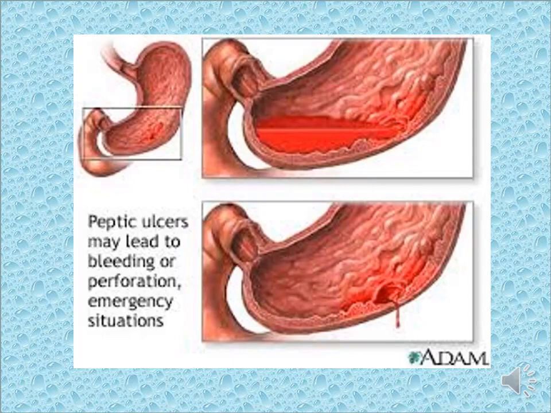The peptic ulcer may lead to bleeding or perforation, an emergency situation. It begins in the submucosal layer, where capillary erosion leads to severe bleeding, and then extends through the mucosa and peritoneum, leading to perforation, and the content of the stomach goes into the peritoneal area and may lead to death.